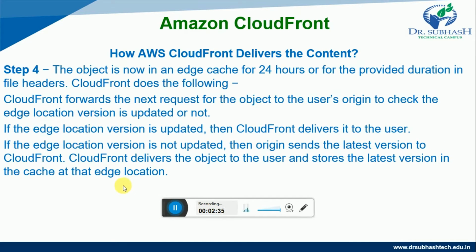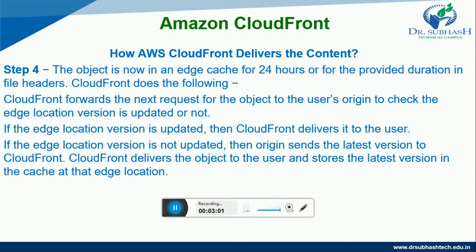Let us see what is step 4. The object is now in an edge cache for 24 hours or for the provided duration in file header. So for that, CloudFront does the following. CloudFront forwards the next request for the object to the user's origin to check the edge location version is updated or not.